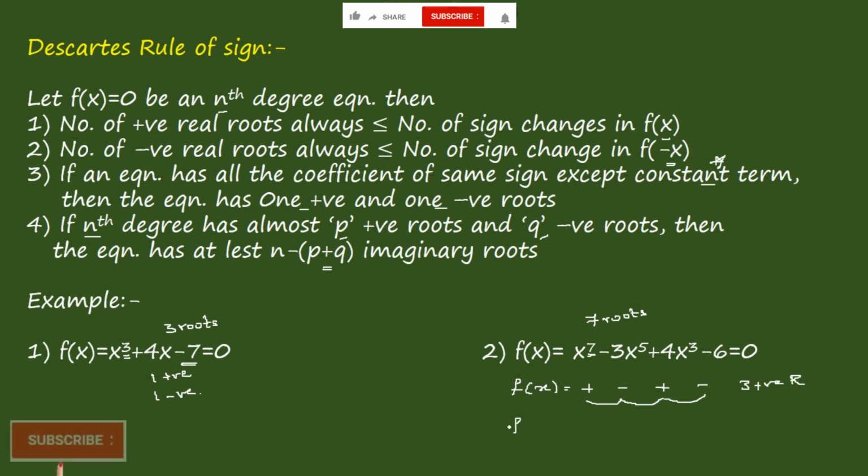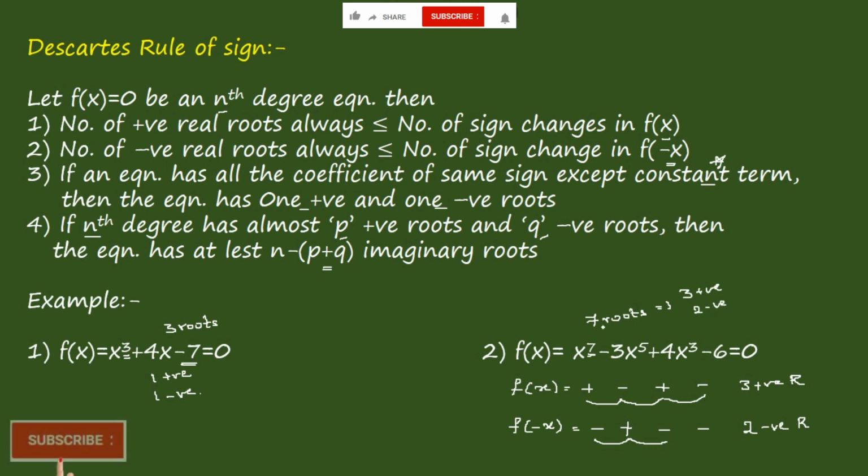Now consider f of minus x. Here it becomes minus x power 7. For x power 5, it becomes positive, and for x cube, it becomes negative. Here it is negative. The number of sign changes is 1, 2. So it has 2 negative real roots. So in the 7 roots, we have 3 positive and 2 negative real roots.